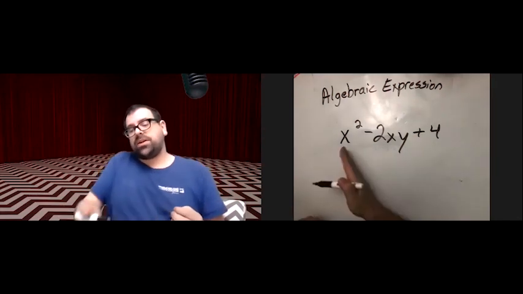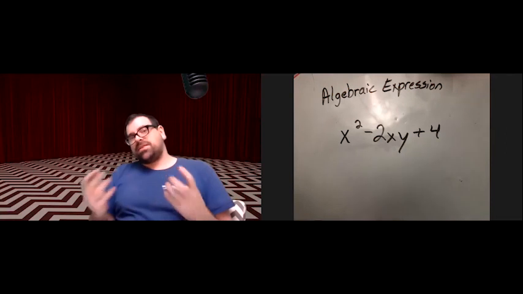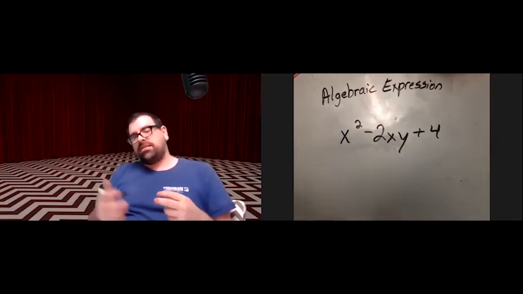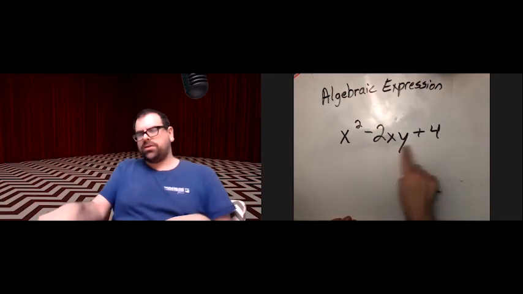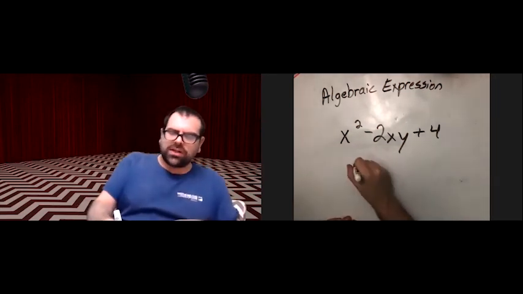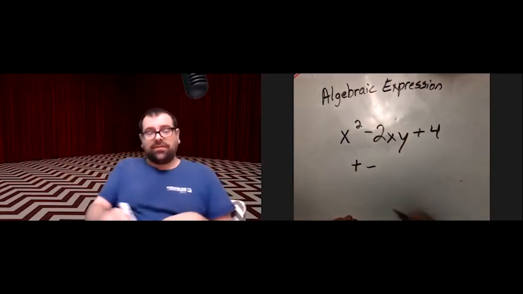This has three terms. Now, I said that terms are things that are separated by addition, but then I said addition also means subtraction. And you can see I'm counting subtraction because I'm saying there's 1, 2, 3 terms. But remember, subtraction is just adding a negative.